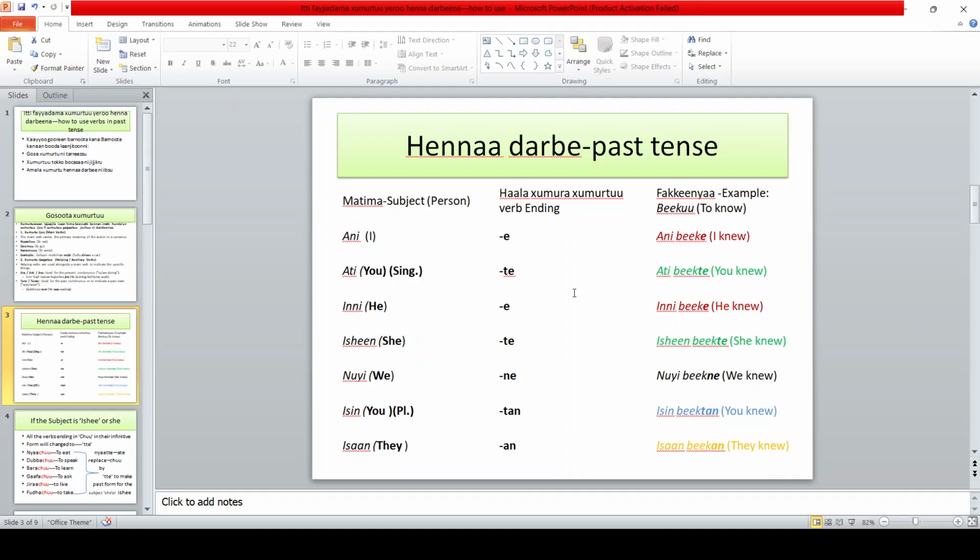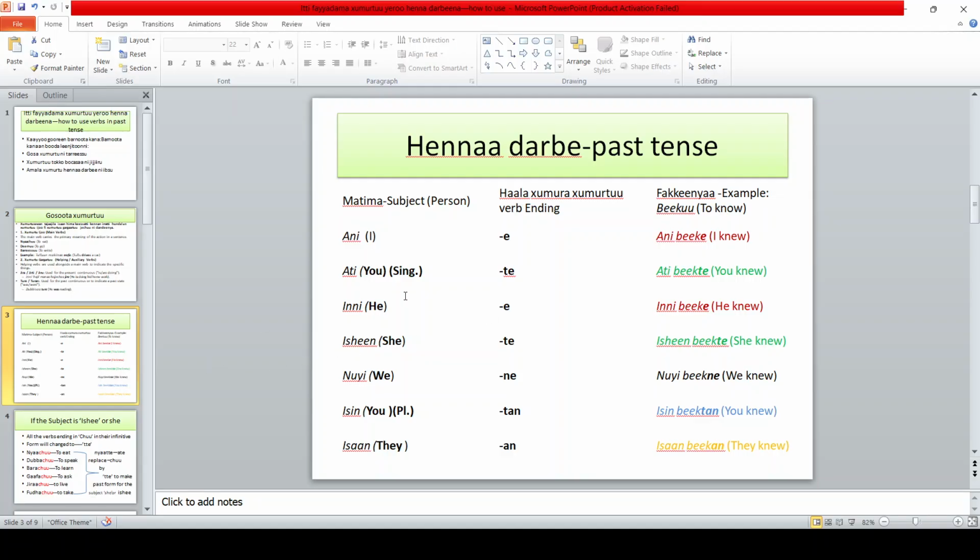So these are the verb endings used for the past tense. For the seven subjects we have, the verb ends like this: ani beeke, ati beekte, inni beeke, isheen beekte, nuyi beekne, isin beektan, isaan beekan.